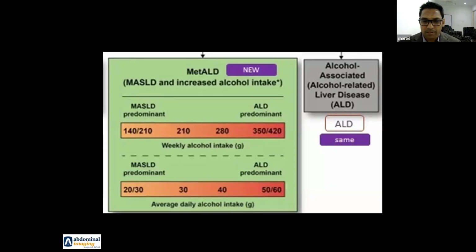But unfortunately, there are other factors which play into it. And so now we have a new category where people have metabolic disorder and plus they are taking alcohol. So it is like acting like a catalyst. So this new category is MetALD, where you have fatty liver disease due to metabolic disorder, plus alcohol is also adding to the problem.